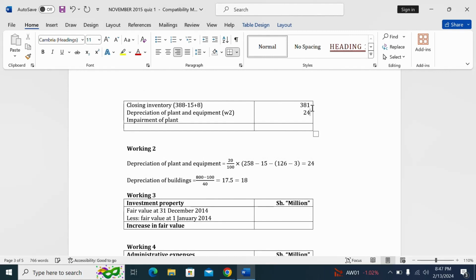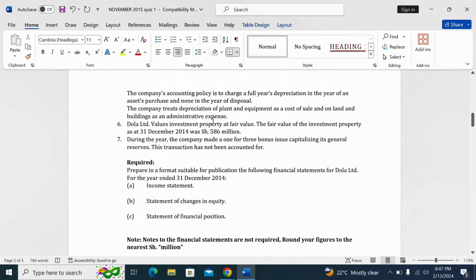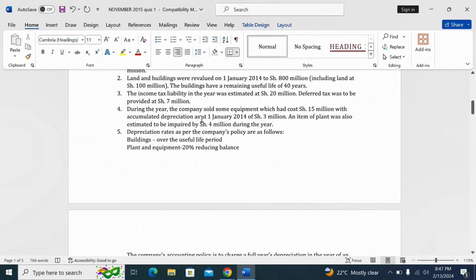That is 24 million. And there is also an impairment of plant. In that additional information number 4, there's also the impairment of plant, which was impaired by 4 million. Remember, impairment is an expense. Impairment is the deterioration of an asset, an asset being worn out.